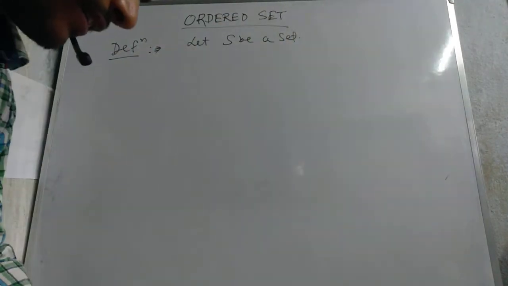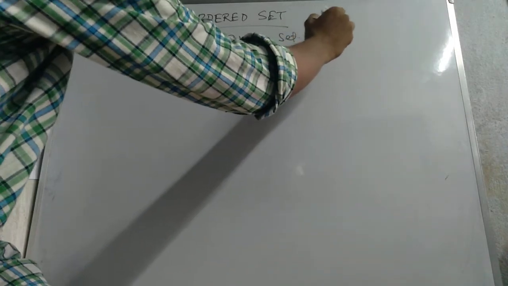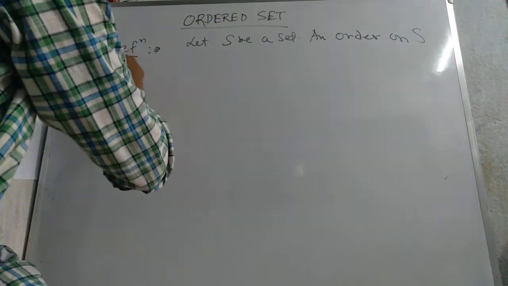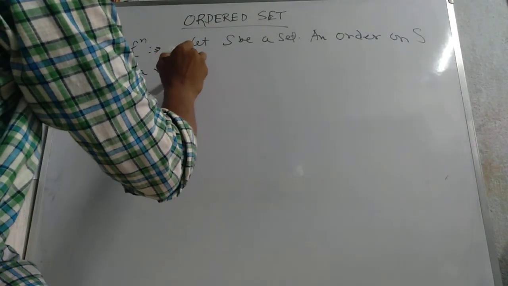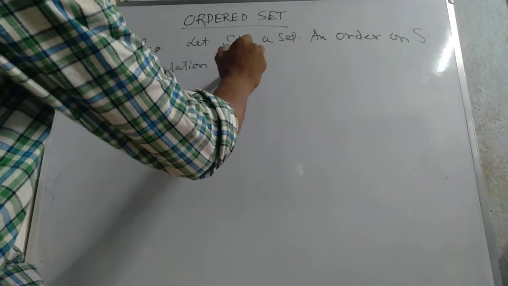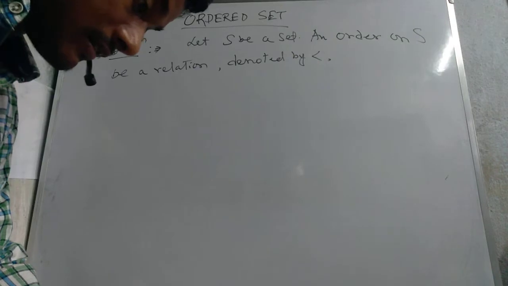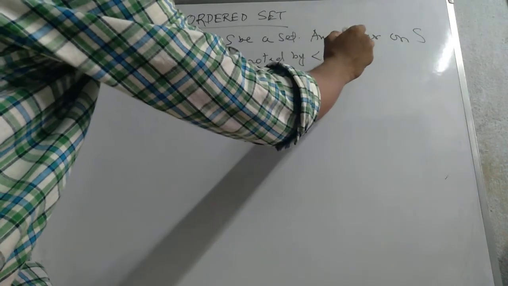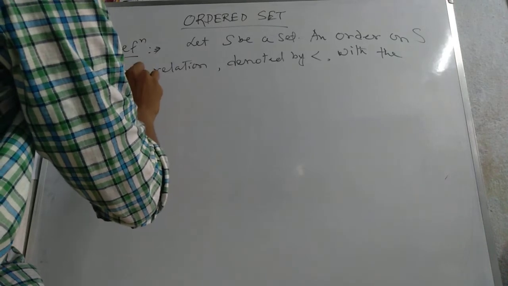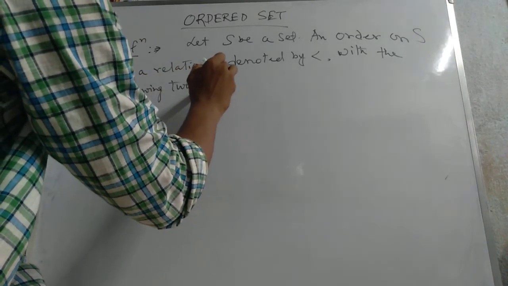Then an order on S is a relation, denoted by less than, with the following two properties.